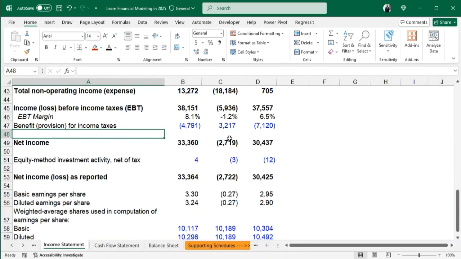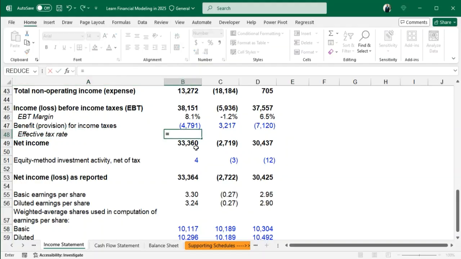Alright, so now that we have gotten that, let's also calculate what we call effective tax rate. Okay, so that's going to be our effective tax rate. So italicize that, increase the indent.